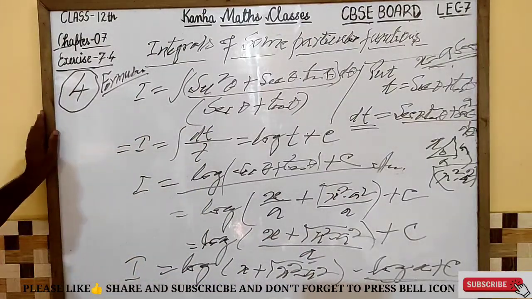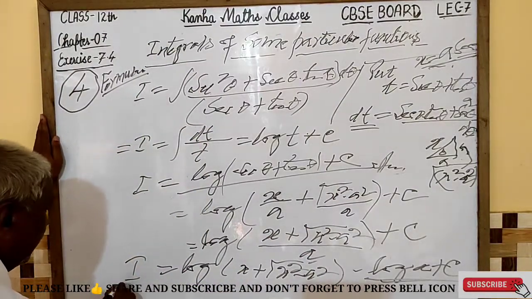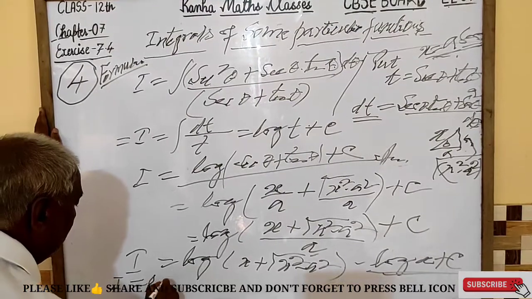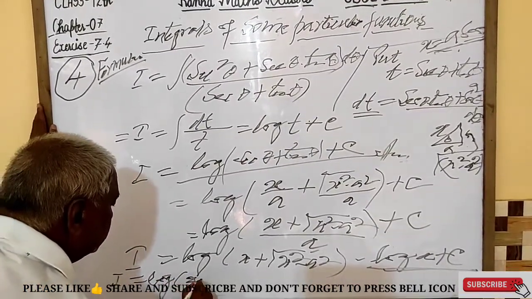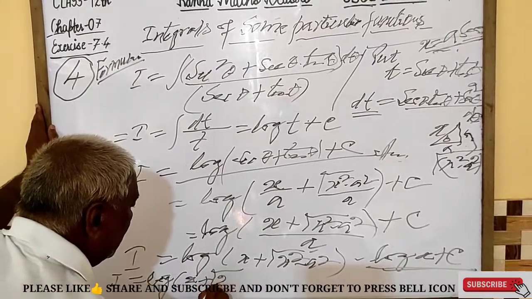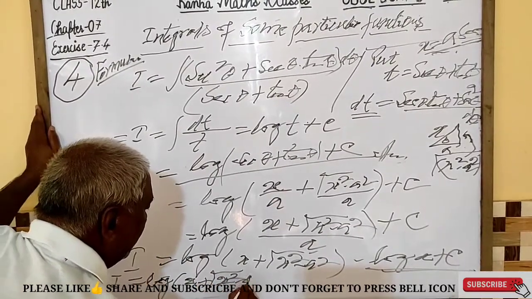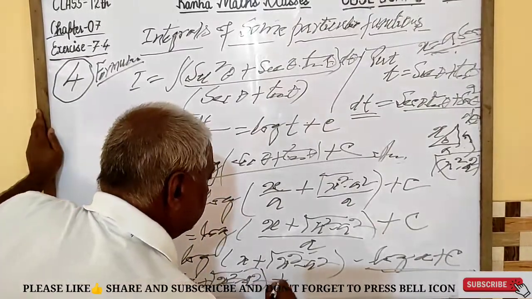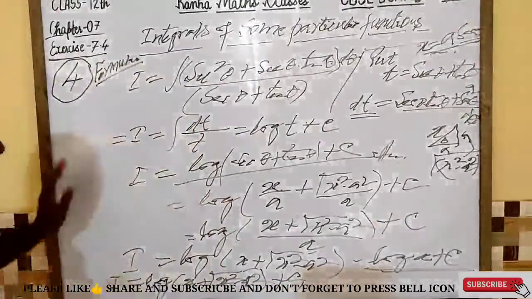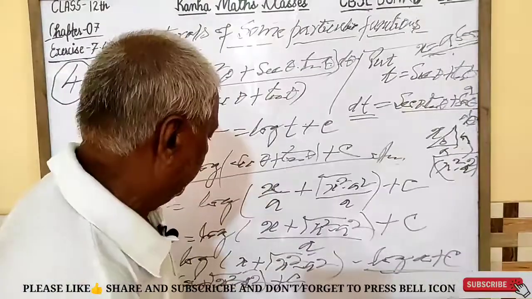Now ultimately we may write here log x plus under root x square minus a square plus other constant c1, means minus log a plus c.